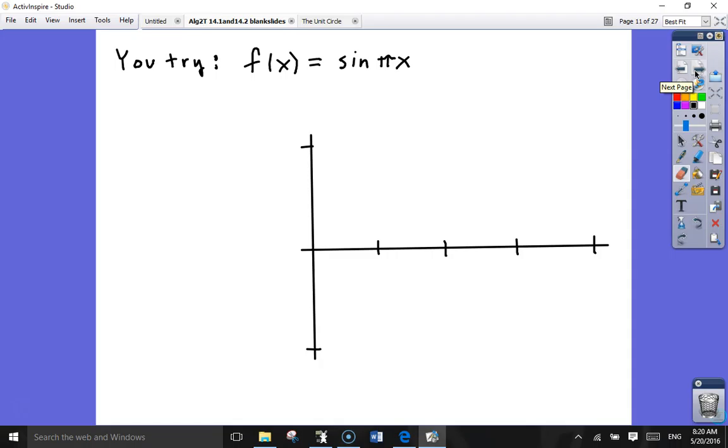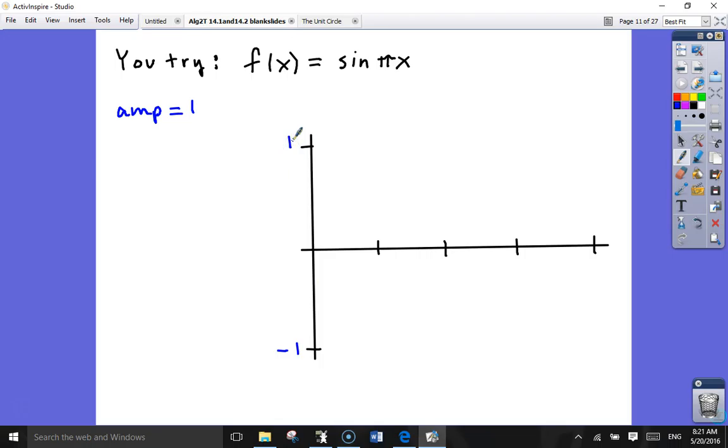Right, try this one. f of x equals sine pi x. So what's the amplitude of this one? It's 1, right? Because the coefficient of sine is 1. Amplitude equals 1, which means you can come over here and write a -1 and a 1.